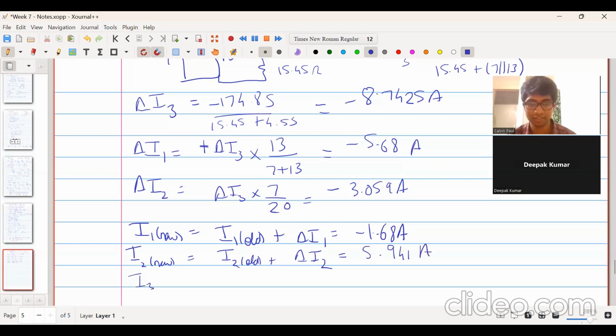Then I3 new is equal to I3 old plus delta I3. What is I3 old? 13. Minus 8.7425. How much is that now?